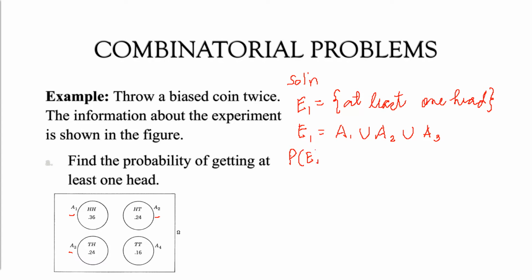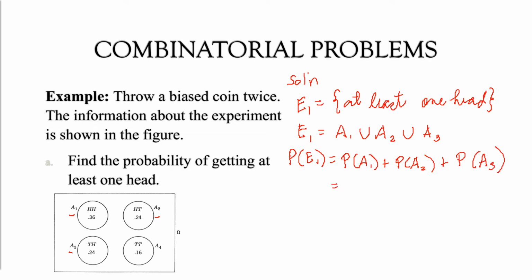In other words, the probability of E sub 1 is equal to the probability of A sub 1. Since this is a union, you have plus the probability of A sub 2 plus the probability of A sub 3.